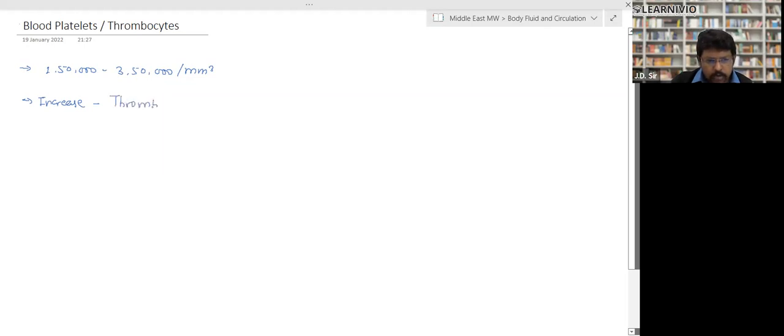Full stop. A decrease in the number of platelets is called thrombocytopenia. Full stop.